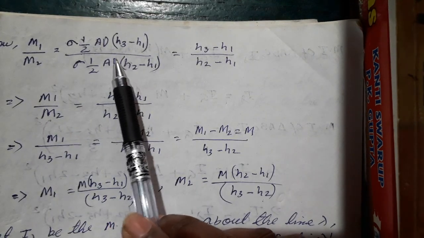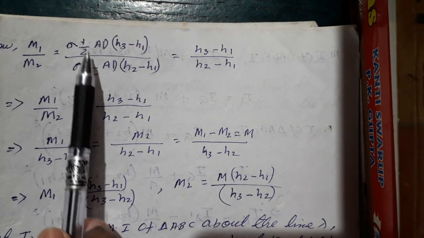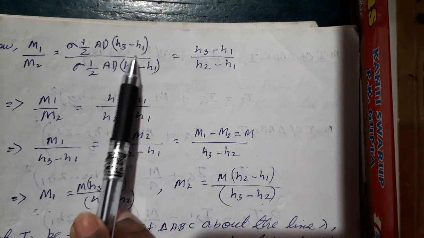And what is the height of this triangle? For triangle ACD, the base is AD, and the height is h3 minus h1. So the mass is density into half AD, h3 minus h1.